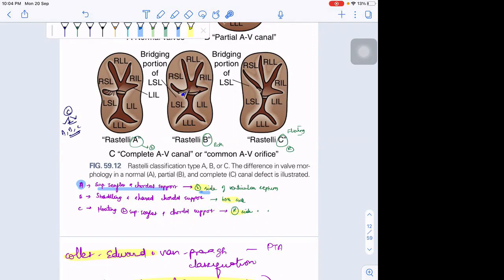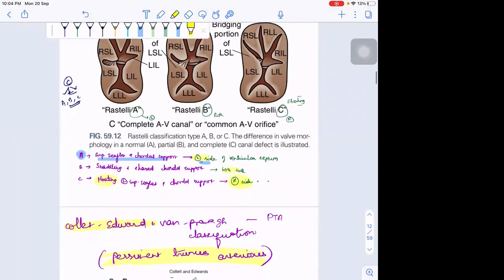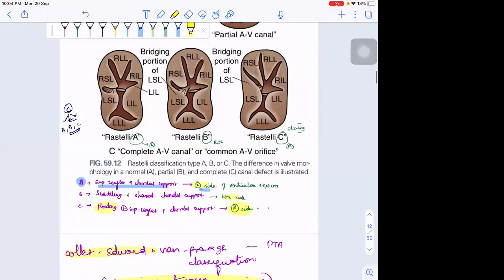And in C, there is a floating left superior leaflet and the caudal support mainly on the right side of the ventricular septum. Whenever the term floating comes, it indicates Rastelli type C, the right side. So remember, Rastelli A is mainly the left side of the ventricular septum, B is the support towards both sides, B for both, A for left side and C for right side.